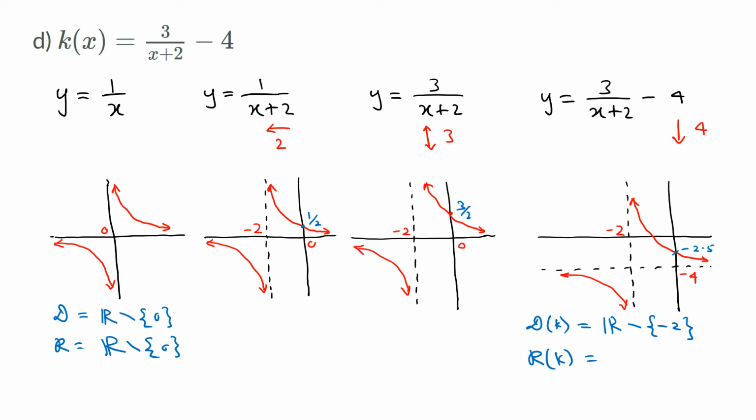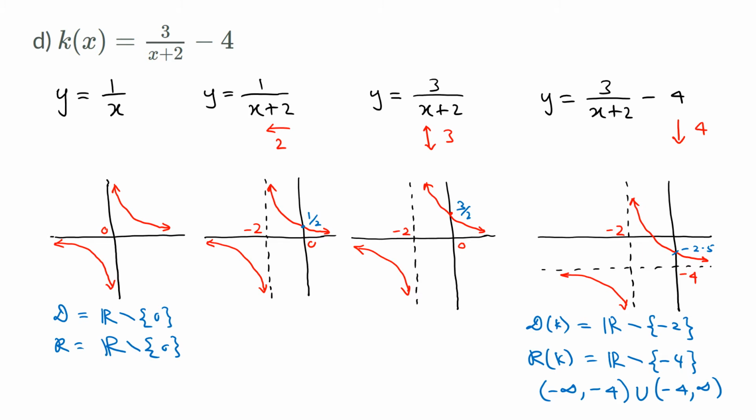You never get -4. So it is R minus -4. That's one way to write it. And you can also write this as, for example, -infinity to -4, open, and then union, and -4 all the way to infinity. So you can write it like that, and you can write a similar one for the domain also. So that is the graphs and the domains.